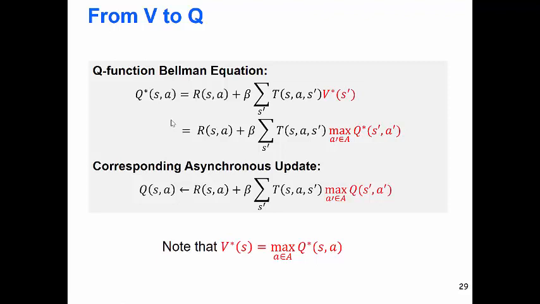So that's nice. And now, after a while, you just use your pattern matching and you say, oh yeah, I've got this Bellman equation. I can now just come up with an asynchronous update, and it's probably going to converge. You can prove that it converges, but we've seen this pattern quite a bit now. So the asynchronous update is you pick an S and an A and you update in this way.